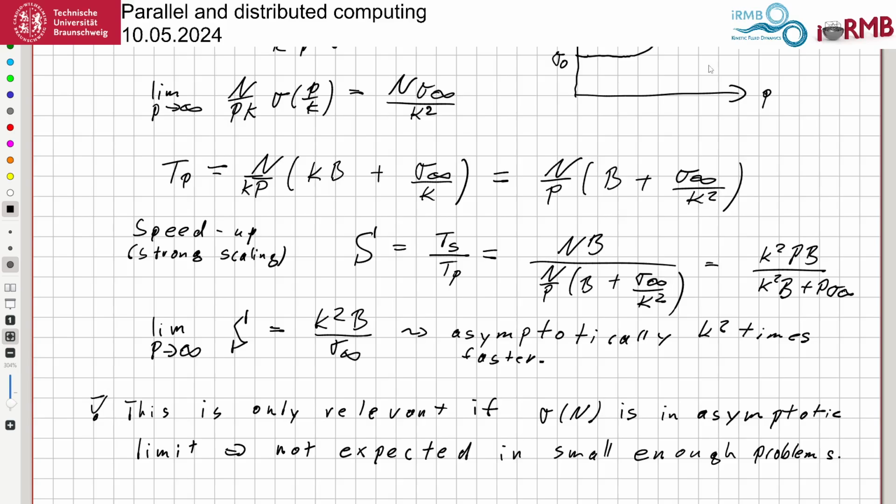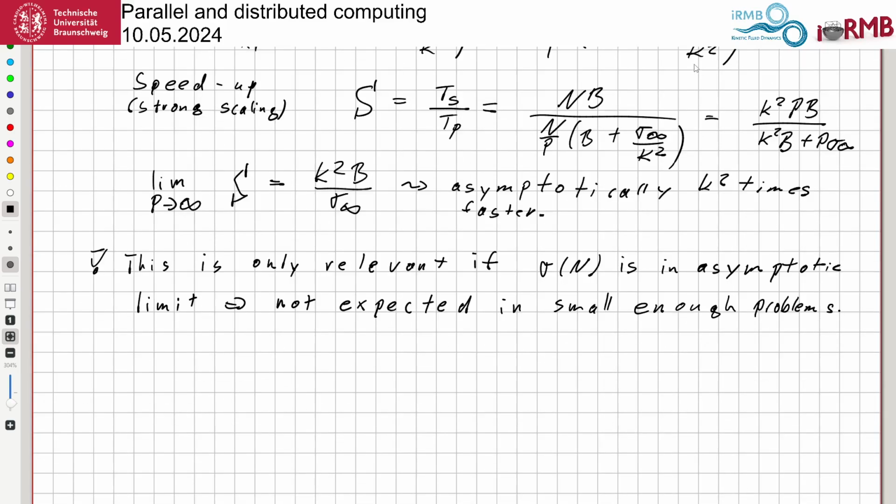So I'll end this lecture with one small example of what else you can do. There's guided self-scheduling.